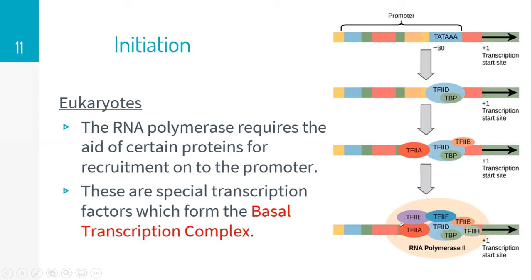As I said before, Chris would have more knowledge on this because we separated the lecture, but I have a little bit of knowledge. What this is saying is that for something to happen, it would require something else to be there. And the other things that would be required are the certain proteins in this area here.